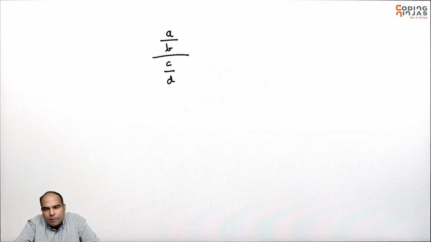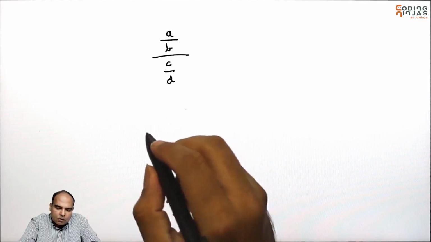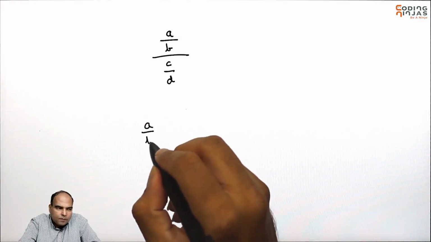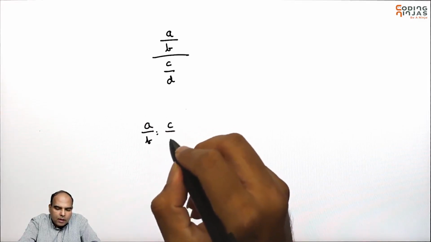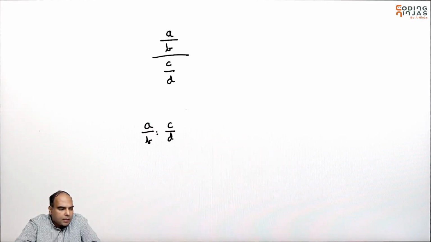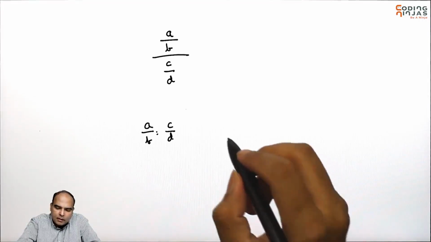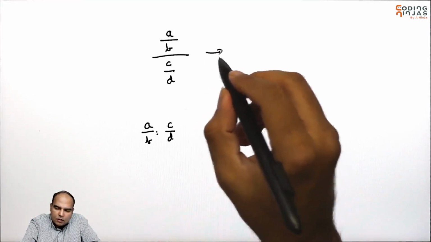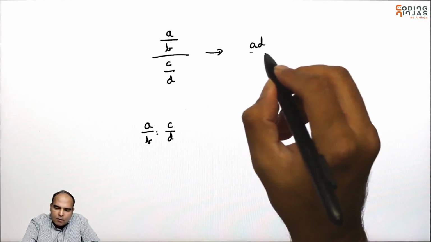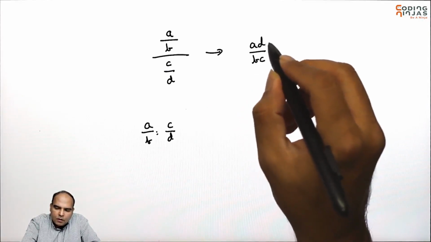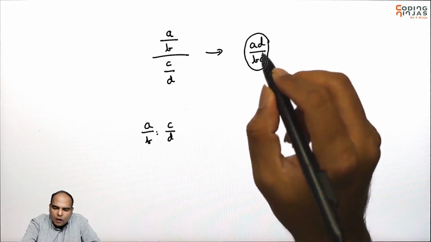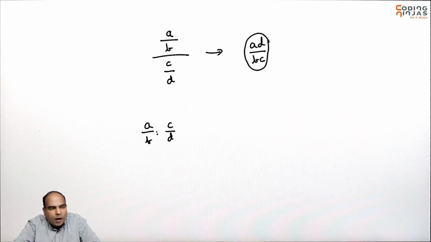If you're dividing a by b by c by d, what happens? This can also be written as a by b is to c by d, and this converts to ad by bc. This is something that you should know and be able to do, because this happens often in maths and quant situations.